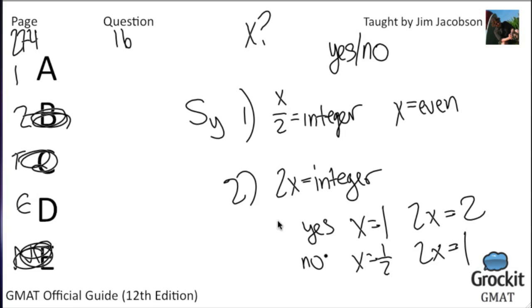So no. So statement number 2 is one of these sometimes yes, sometimes no, depending on what type of value you pick for x. That's not sufficient on data sufficiency questions. It's a big I for insufficient, which means we can cross off answer choice D and confidently select answer choice A. Statement 1 alone is the one that's enough to answer the question.